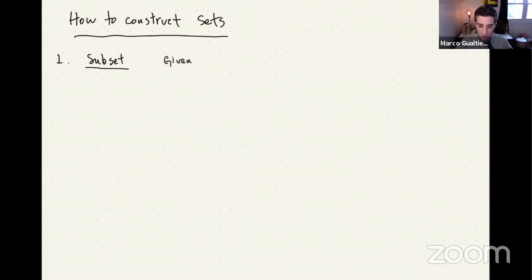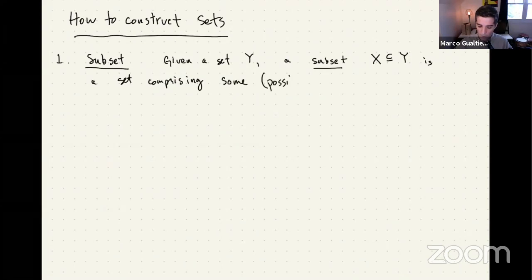Given a set Y, a subset X inside Y is a set made of a selection of some of the objects inside Y. It comprises some of the elements of Y.